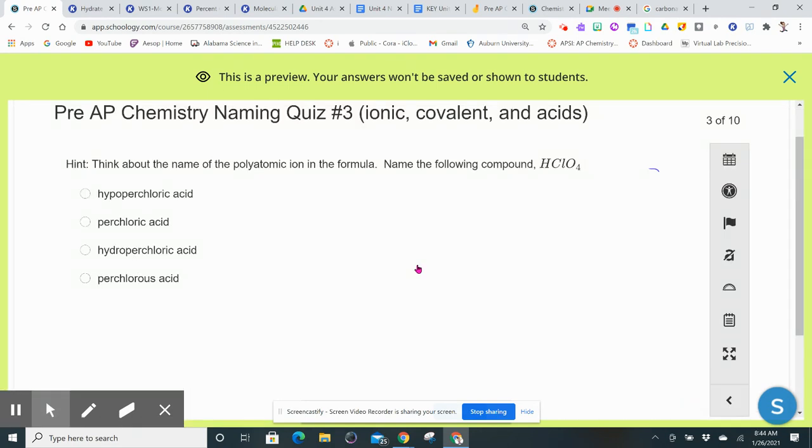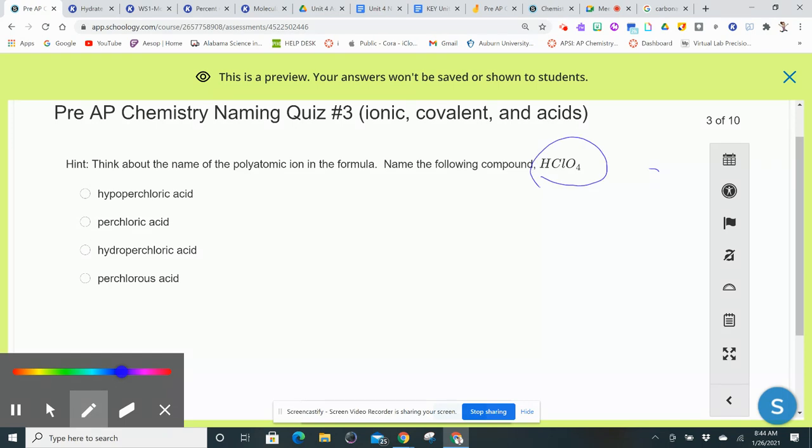Okay, so this one is an acid, and I give you a hint. Think about polyatomic ion in the formula, and here's our formula. If there's an H in front, anything that starts with an H is an acid all the time. So ClO4 is our polyatomic ion, and that is the perchlorate ion.